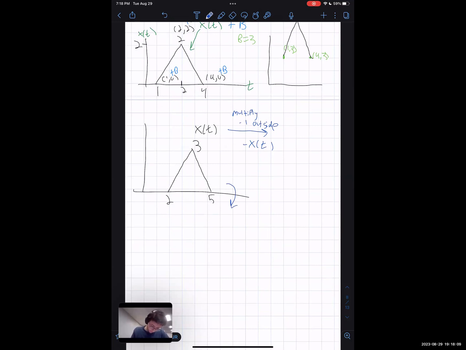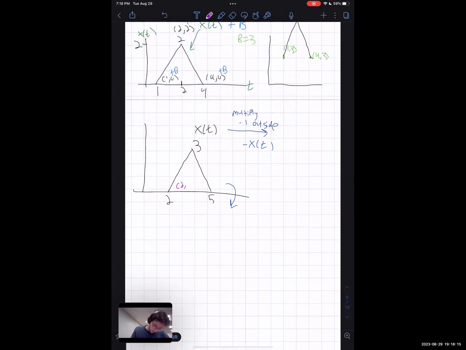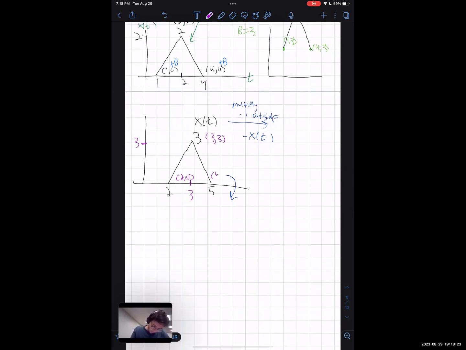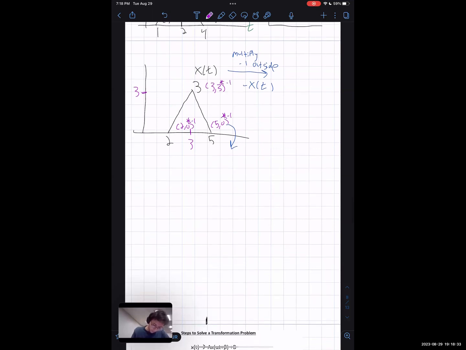What that looks like if we go node by node: we have 2, 0. We have maybe 3, 3. And we have 5, 0. So now we're going to multiply all the y coordinates by -1. So here, multiply by -1, multiply by -1, multiply by -1.